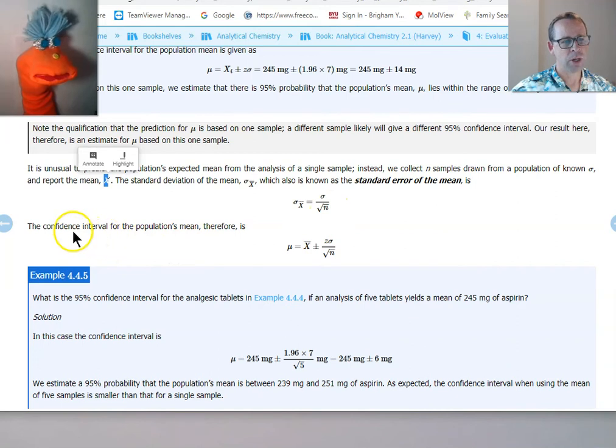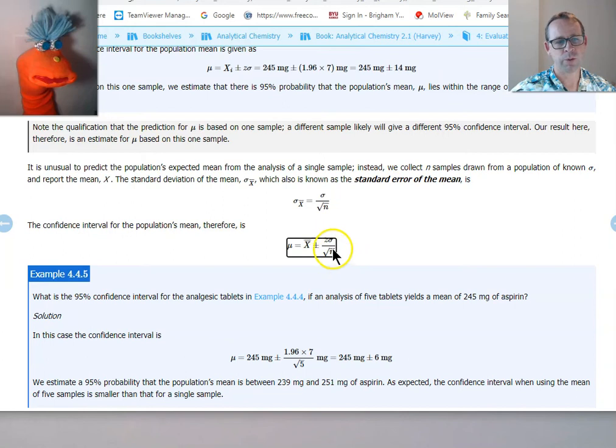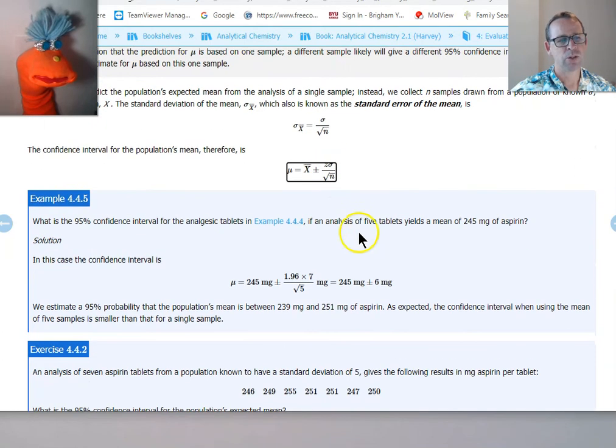So the confidence interval for a population's mean is then the average plus or minus z times the standard deviation over the square root of n. Okay, so what does that mean? What is the 95% confidence interval for analgesic tablets if the analysis of 5 tablets gives a mean of 245?